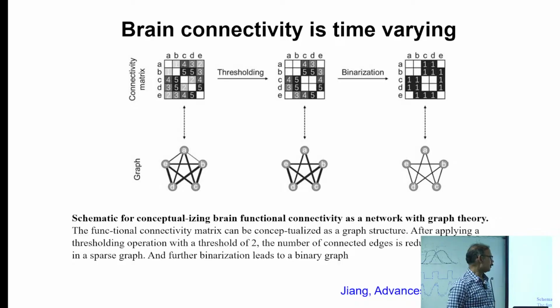Well, the first problem is that in typical graph theory, it is all positive numbers, right? -1 still has functional meaning, right? But in graph theory, we don't know what to do with -1. So one approach people have used is to take only absolute values.